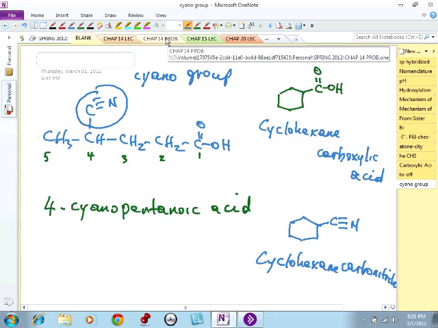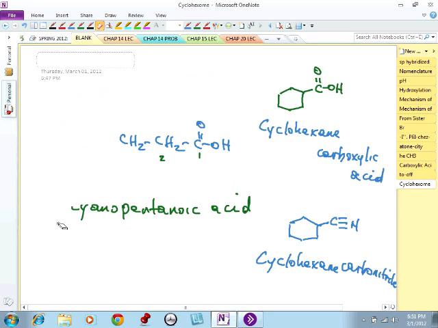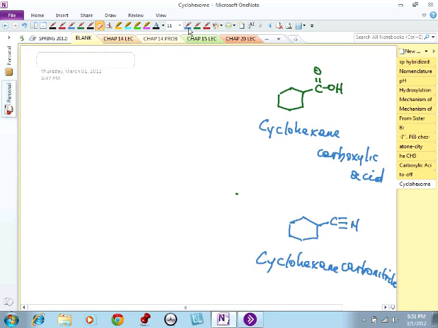Now, if you have two carboxyl groups on the same molecule, say, for example, you have this.